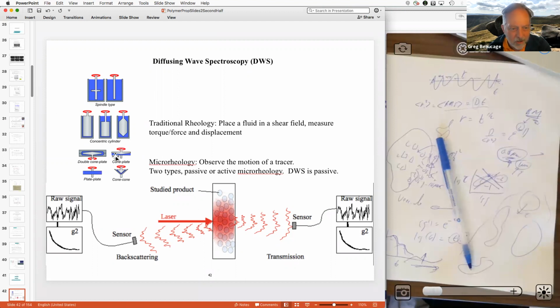Then there are melt rheometers, cone and plate and plate and plate. Basically with oscillatory rheometry, we oscillate back and forth, and these are usually used with continuous rheometry, so it continuously moves around. With this one you get G prime, G double prime. With this you just get the viscosity, like one number.